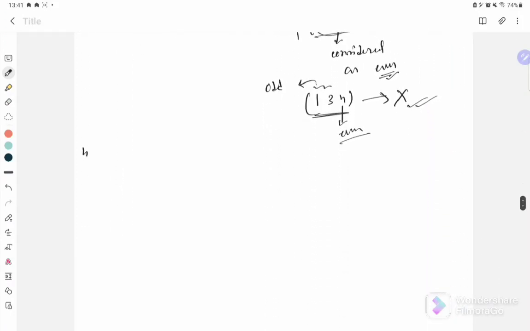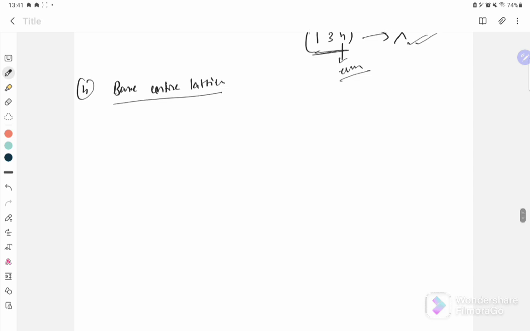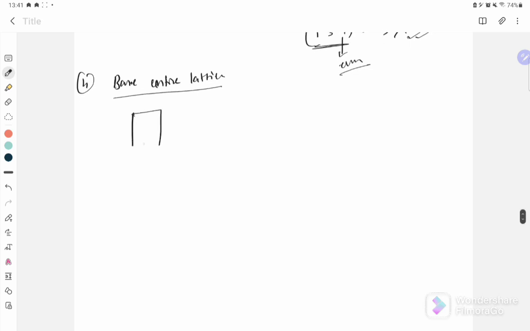The fourth one is the base centered lattice. What is the base centered lattice? If this is a lattice, this is our primitive one.